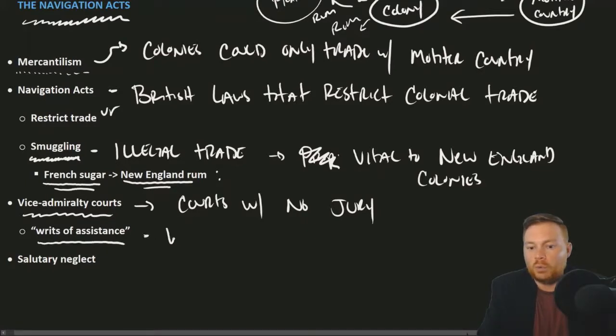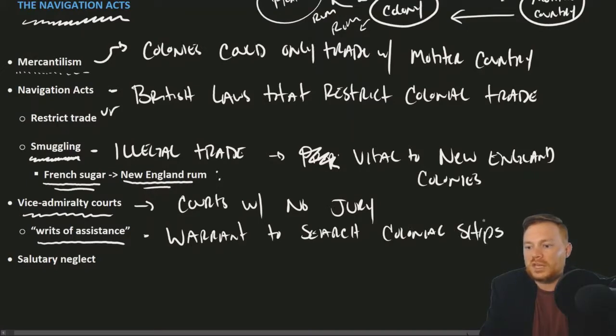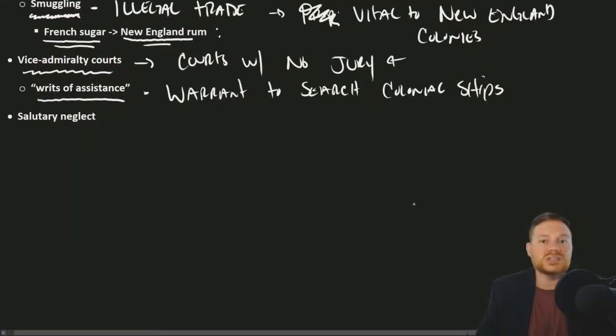This is a warrant to search colonial ships. So customs agents, or British enforcers, could essentially board whatever ship they wanted, accuse people of smuggling, and then be put on trial with no jury and be deemed guilty. So in the eyes of the colonists, this was not just bad economic policy, but this was unjust.